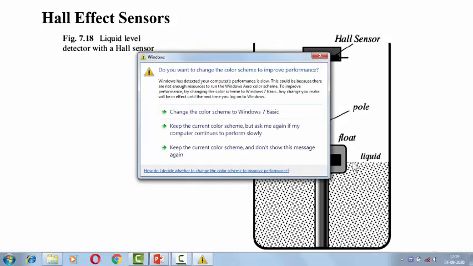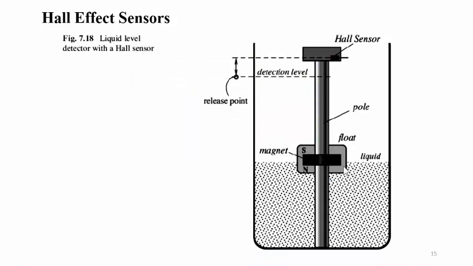In this float you will find a magnet with south and north pole. Depending on the level of the liquid or fluid available in the tank, this float will move upward and downward, and the detection level is available at a certain level near this Hall sensor.